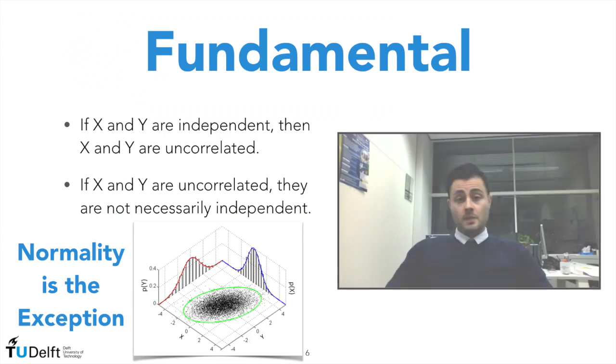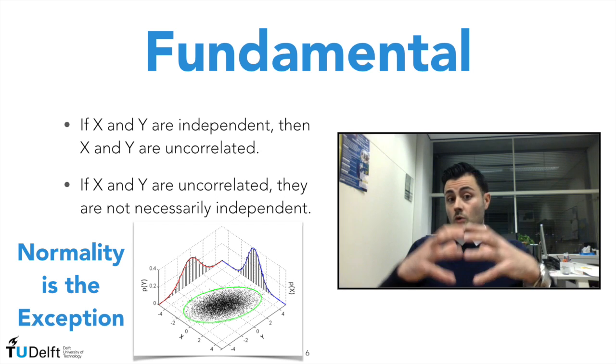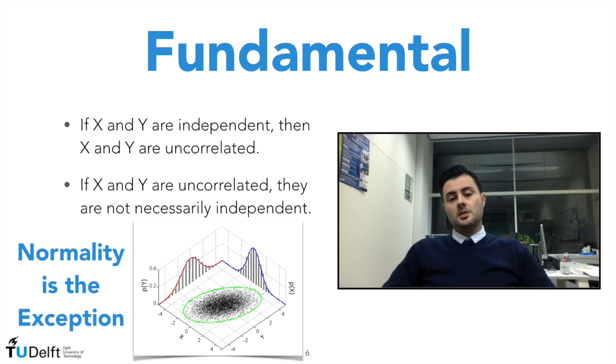Now, there is an important exception, and this is the exception on which we build most of the models of credit risk. So it's a little bit like cheating. And this exception is the exception of normality. If we have that x and y are jointly normally distributed, so they follow, for example, a bivariate normal, or in the case of more random variables, we consider a multivariate normal, or we can also assume different marginals, but we assume a Gaussian copula in order to model the dependence.